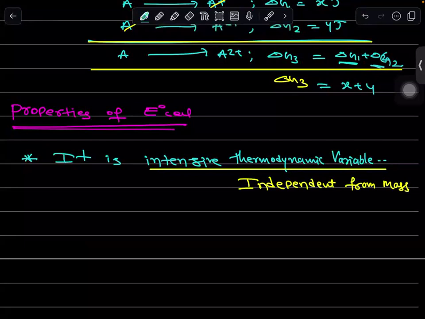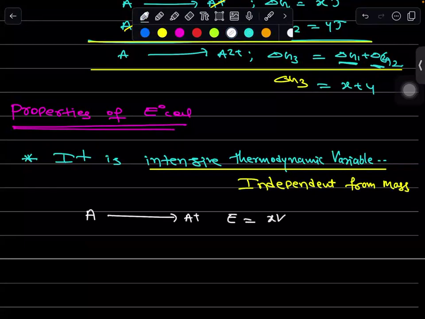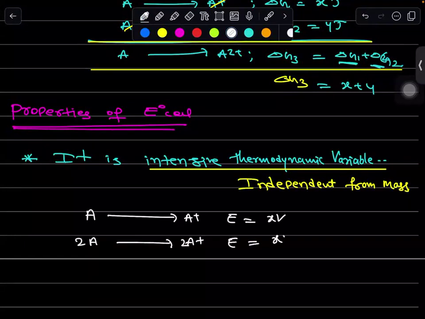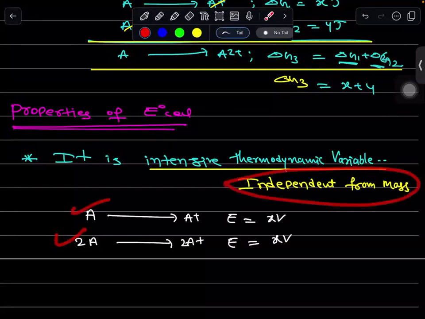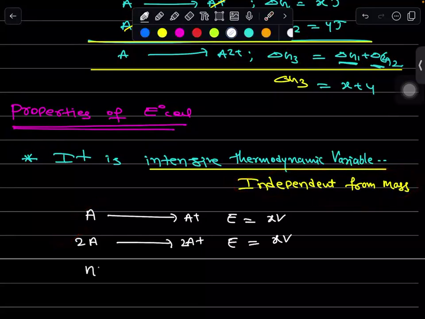Independent of mass means, for example, A becoming A plus, the E value given as x volt, consider. 2A becomes 2A plus, still the E value will be x volt only. Even if 1 mole becomes 2 moles, since it is independent of mass, even if I take n times of A to convert into n times of A plus, the E value will be x volt only.